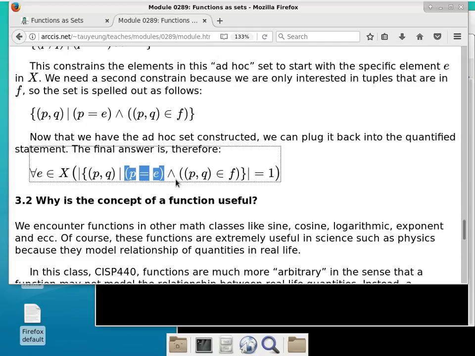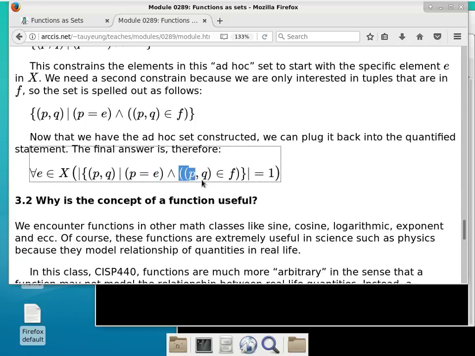The same E that is already bound to an element of the domain because of the quantifier. So the quantifier has already bound E to a particular element in the domain. The first requirement of an element inside this ad hoc set is that the first component of the two tuple has to be the same as E.